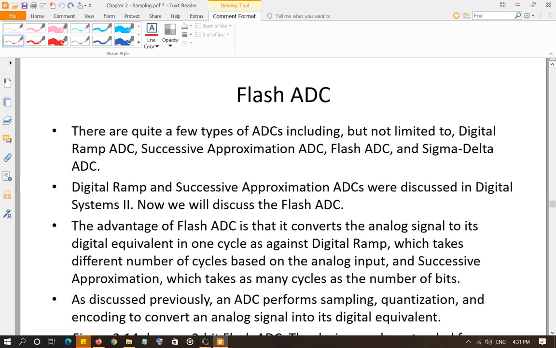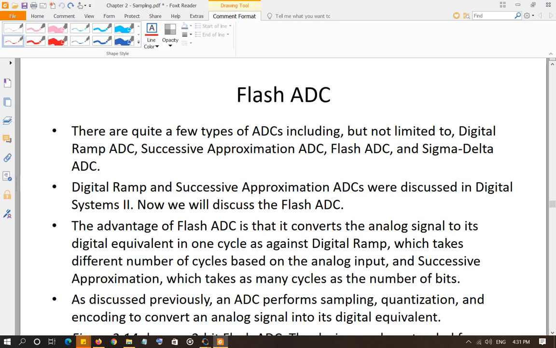So for example, if you are using a 4-bit ADC, and if the reference voltage of ADC, that's the maximum value that can be converted through an ADC, is let's say 10 volt, then you can have 2 to the power 4, 16 levels. So this 10 volt will be divided into 16 levels, and each level will have its analog voltage, and that voltage is called quantized voltage.